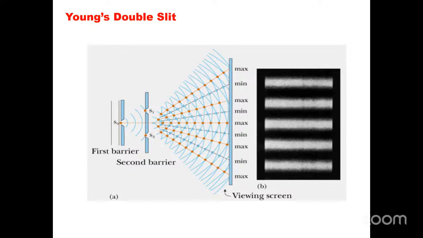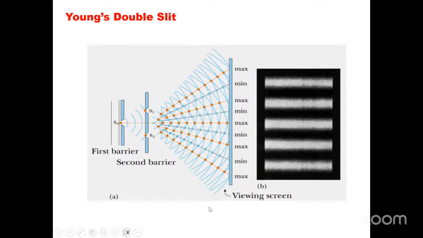So here you can observe there is a slit here, and there is a source of light, and there is a slit here. And the other two slits are S1 and S2. Here there is a screen. So you can easily observe what we mean by interference.